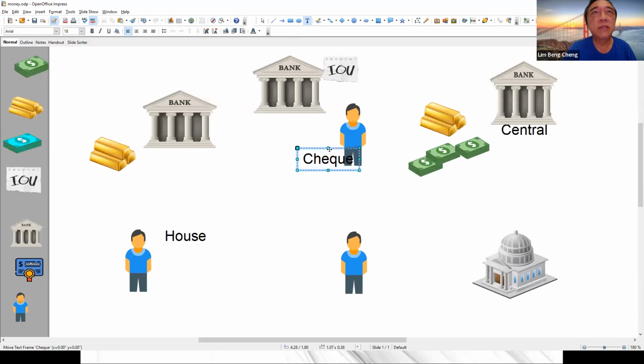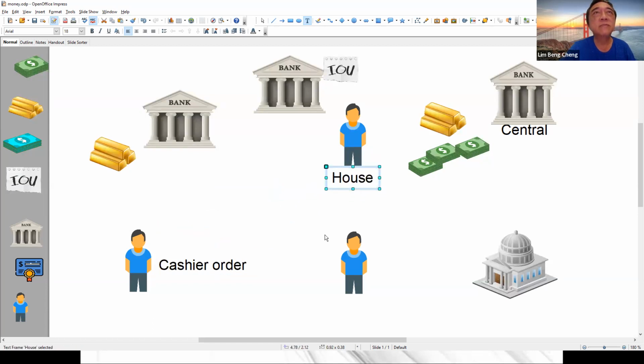Or not actually a check, a cashier order, if you want to make it more precise. So with this cashier order, he gives it to him, and then the house belongs to him.